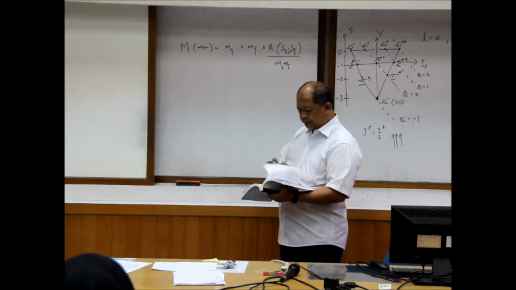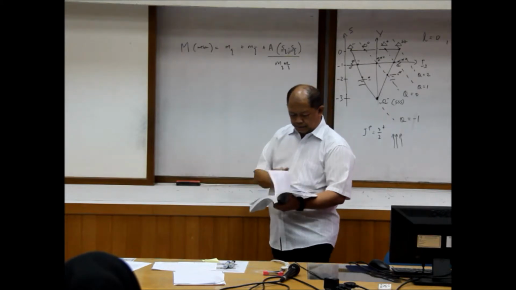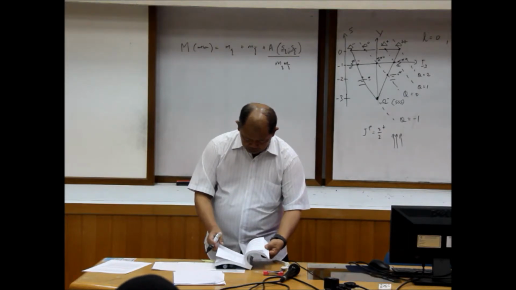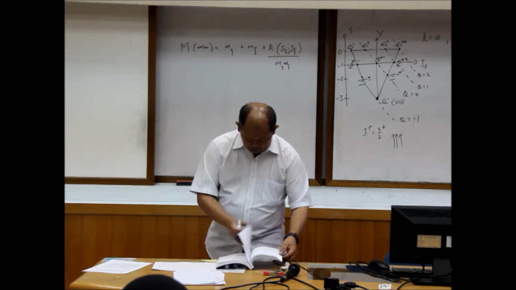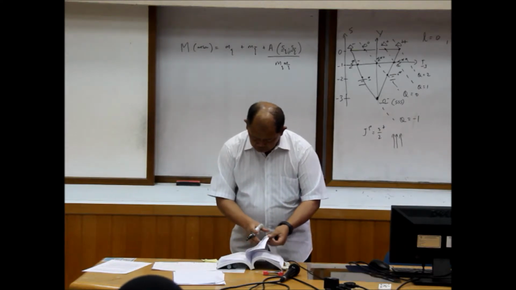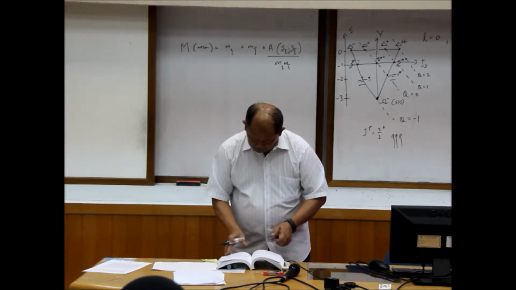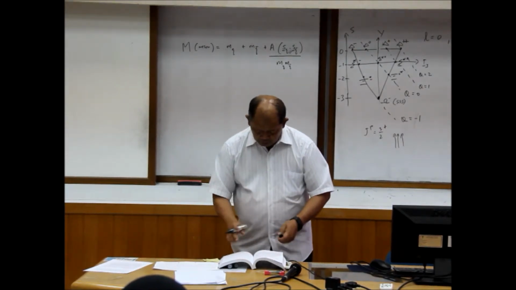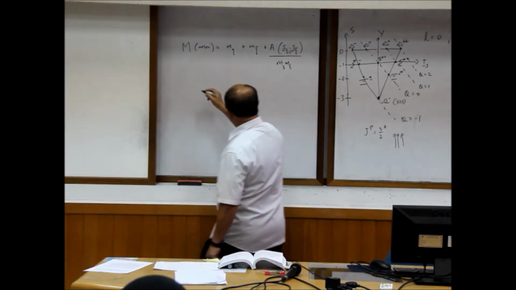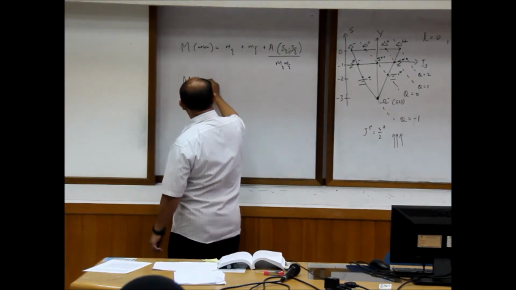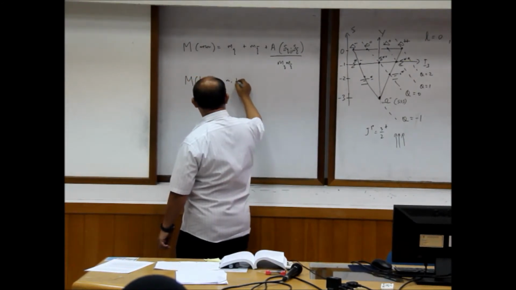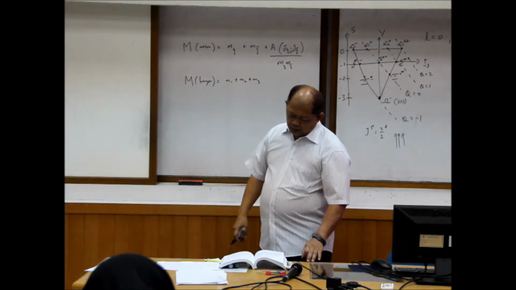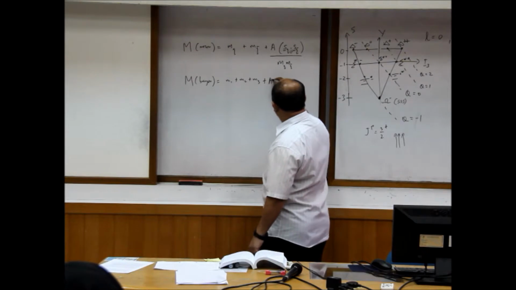And similarly for the baryon, the mass of the baryon will just be M1, M2, M3. So this is quark number 1, 2, 3, and then you have A dash. Okay.